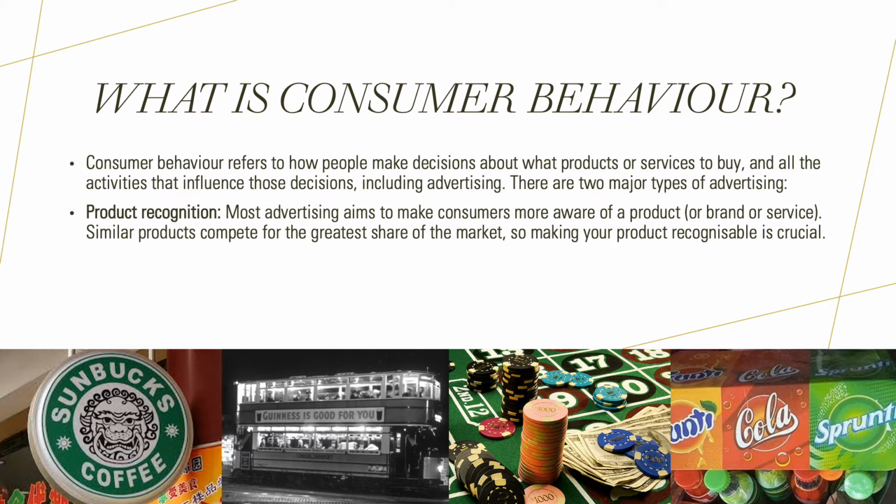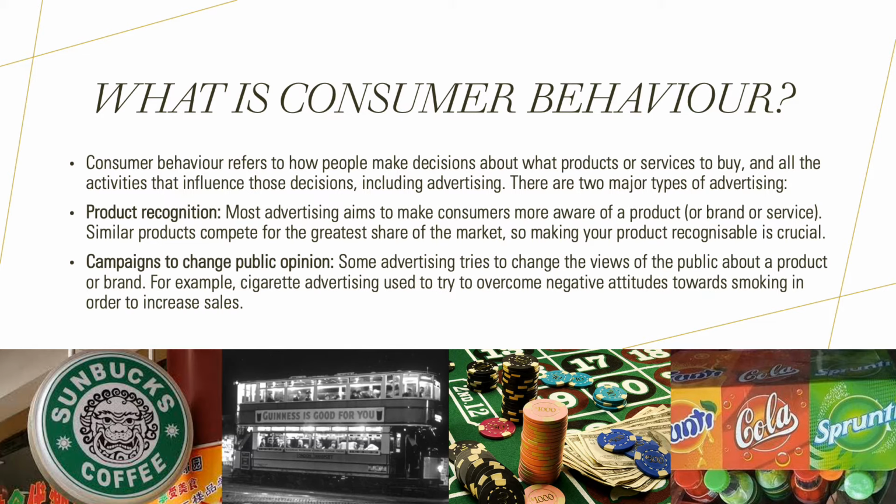And the next type of advertising is campaigns to change public opinion. So brands and products tend to have a certain stereotype about them, and what campaigns to change public opinion do is they want to change the views of the public about the product or the brand. So, for example, if it has a very female orientated stereotype, then the advertisement might use males in their adverts to say, look, this isn't just for women.